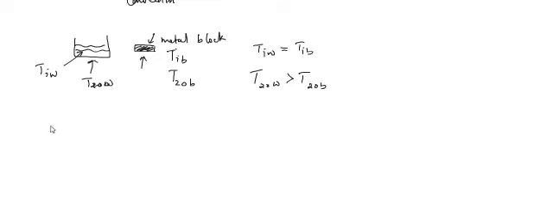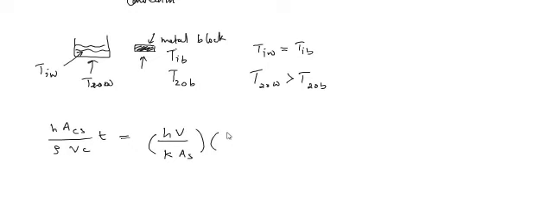Now we can write this as hAs over rho Vc times t. We are trying to bring it into a non-dimensional form, so I'm splitting it like that: this times As squared, I've brought the As to the denominator, k over rho Vc squared, so V squared, c, times t.